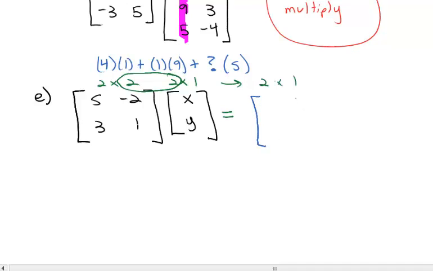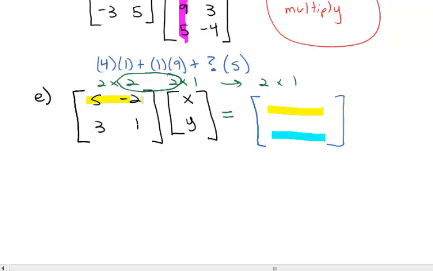So there's going to be 2 rows and 1 column. The first entry is first row, first column.